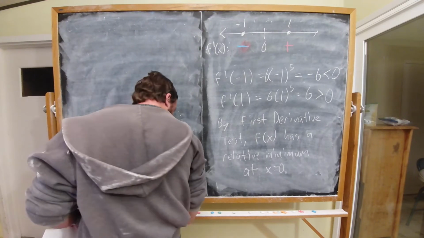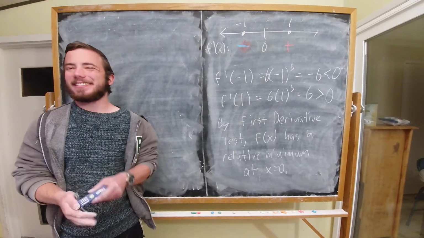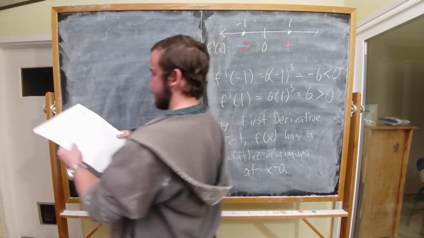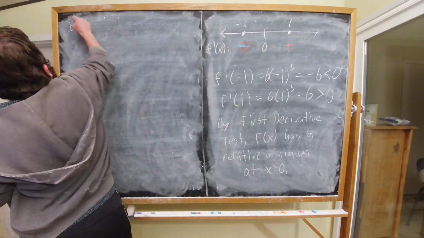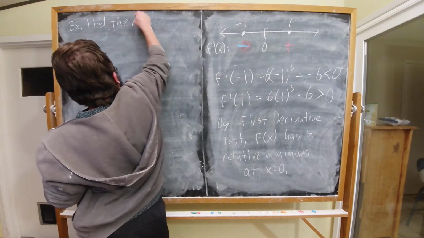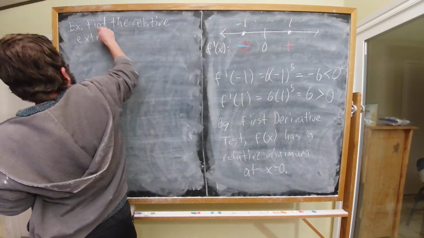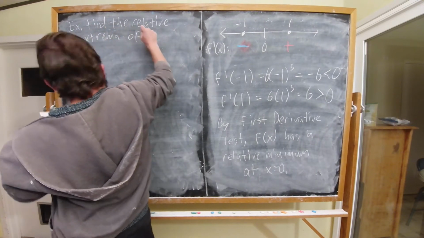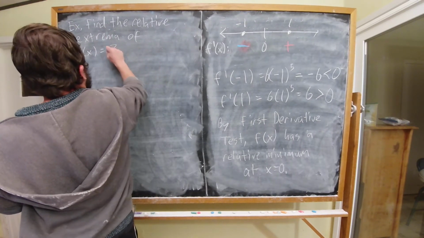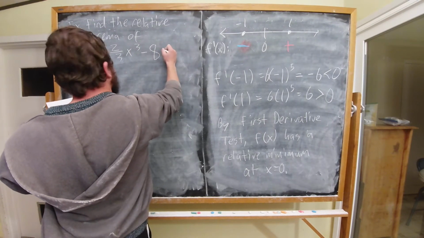So, for this calculus class and any other time you need to use calculus in your life, when in doubt, take a derivative and set it equal to 0. Let's find the relative extrema of, let's say, g of x equal to 2/3 x cubed minus 8x.